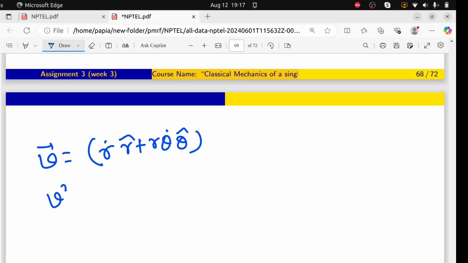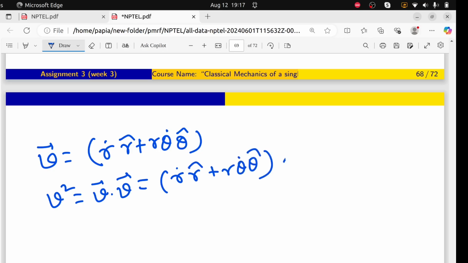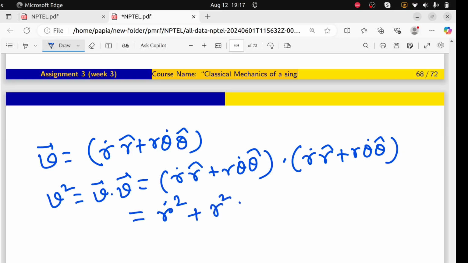So my v square is v dot v, r dot r cap plus r theta dot theta cap dot product r dot r cap plus r theta dot theta cap. So this is coming as r dot square plus r square theta dot square.